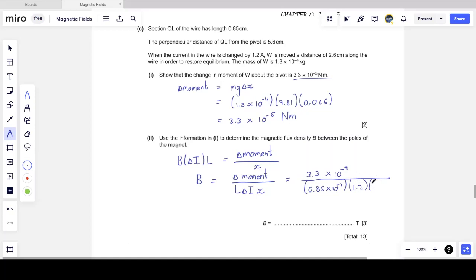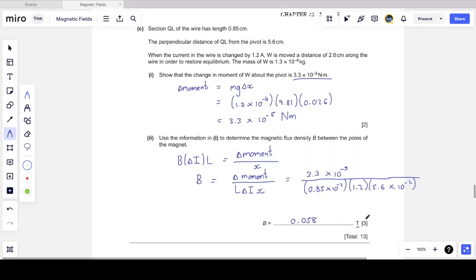Remember, we weren't given absolute currents, but just changes in currents, multiplied by 5.6 times 10 to the minus 2, the distance through which the mass was moved. And so this actually gives me the magnetic flux density. And what I find is that this is 0.058 teslas, or 58 milliteslas. But again, this is specifically asking me to calculate this value in teslas.